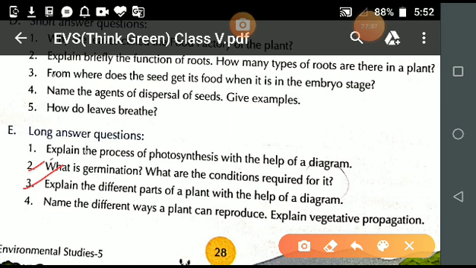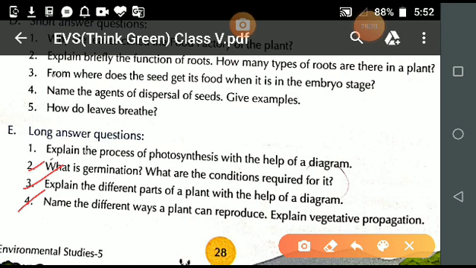Now question number 4. Name the different ways a plant can reproduce. Explain vegetative propagation. So a plant can be reproduced by seeds. Is it clear? And there are other methods also in which new plants come from different parts of the plant.